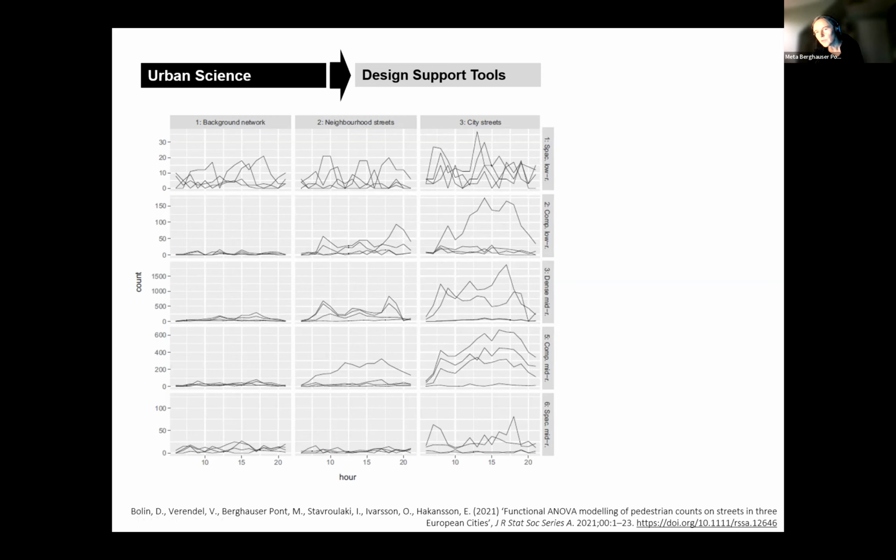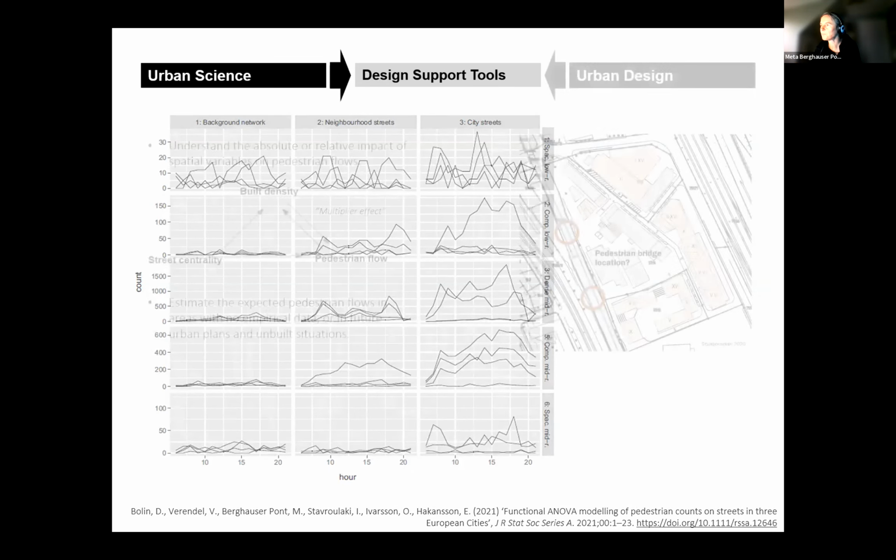But it also tells you that every density type neighborhood, so villa areas and very central high dense areas, all have back streets with the lower counts and high streets with the highest counts. So this is very, very informative information for an urban designer.